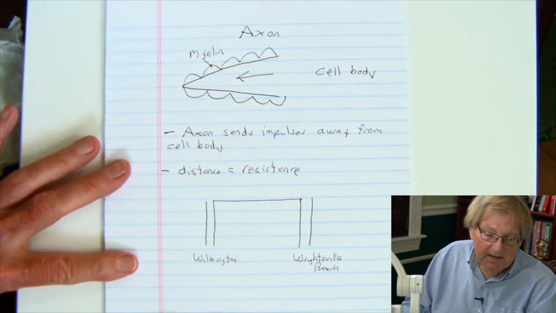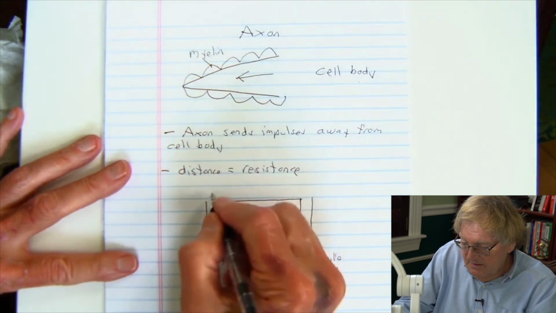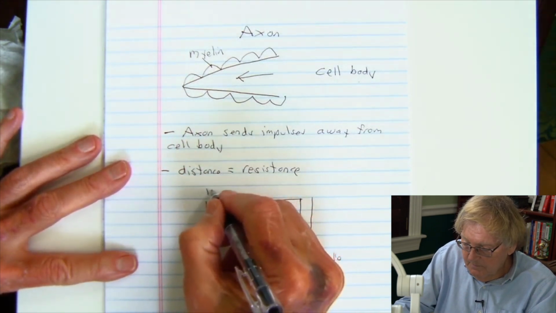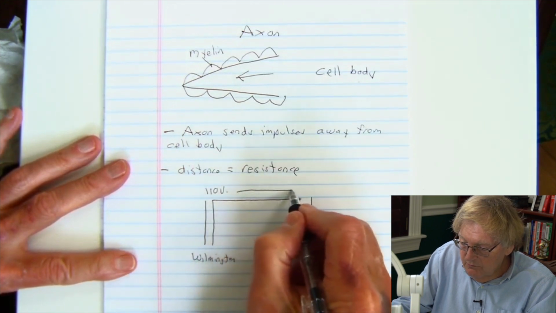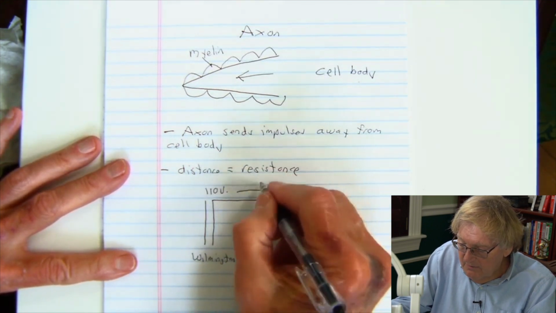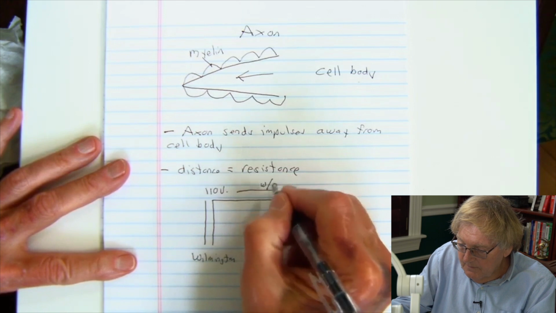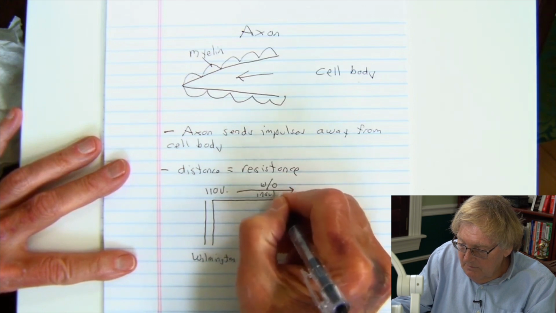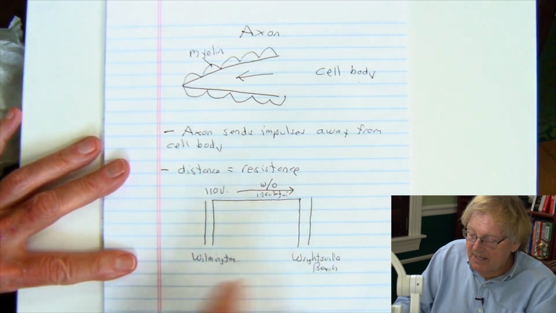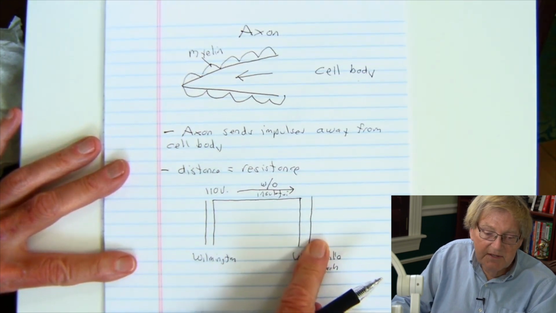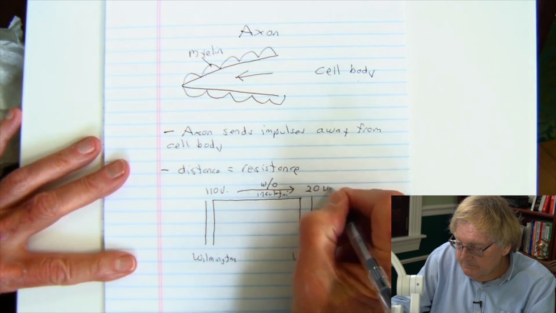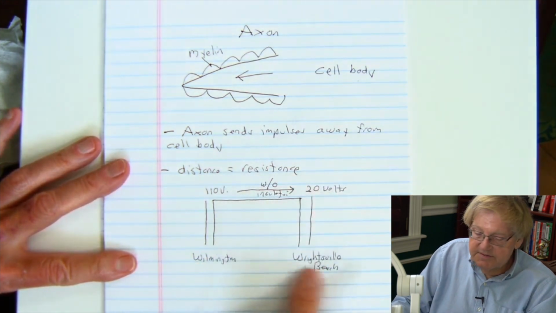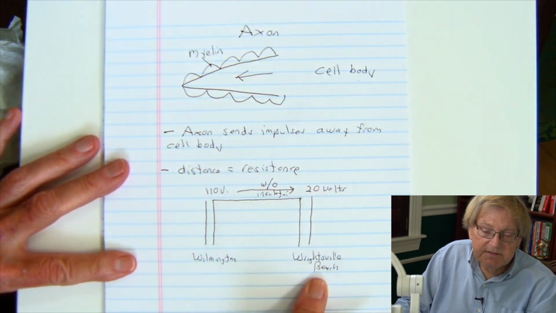Well, if I started out in Wilmington with 110 volts, and I ran that all the way to Wrightsville Beach without insulation, so a bare wire, by the time it got to Wrightsville Beach, it would probably be down to about 20 volts. So the distance equaled resistance.